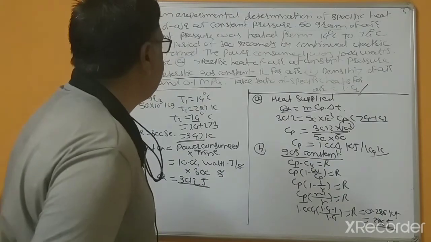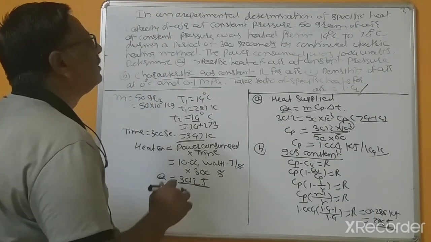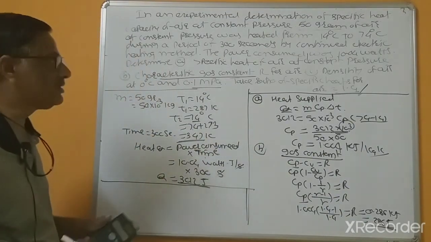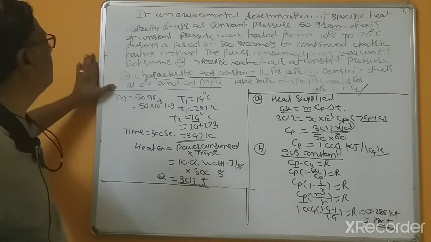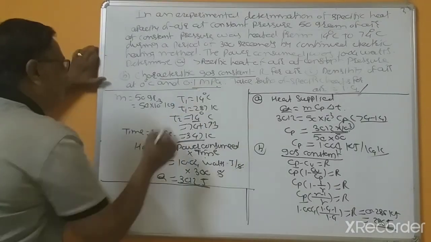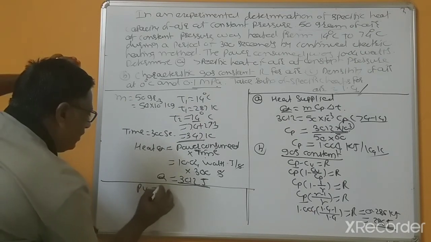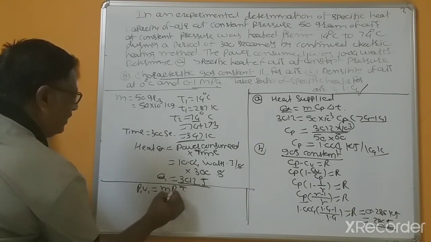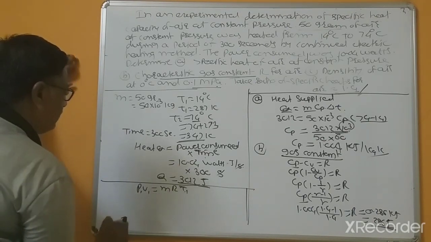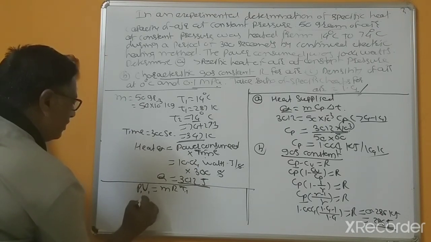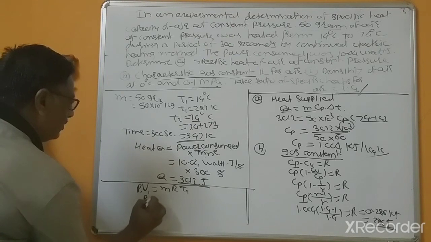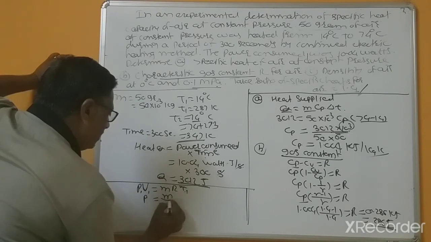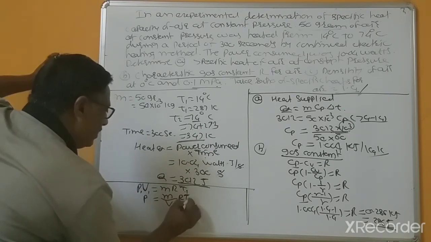This is your second bit, and the third bit is the density of air at 0 degrees centigrade and 0.1 megapascal. We can use the formula PV equal to mRT, that is P1 V1 equal to m R T1, so P equals m divided by V times R T1.